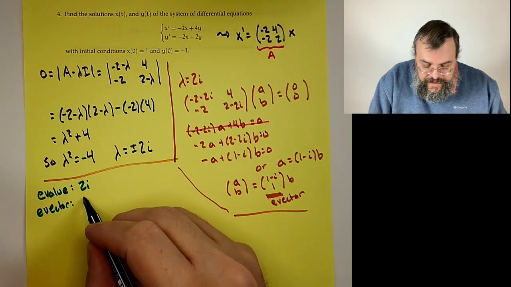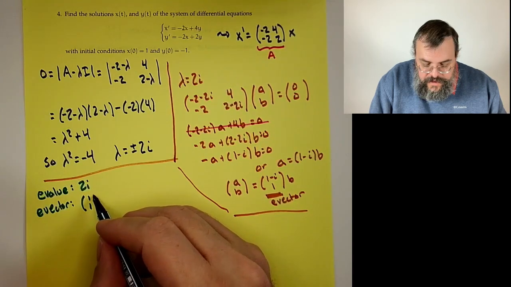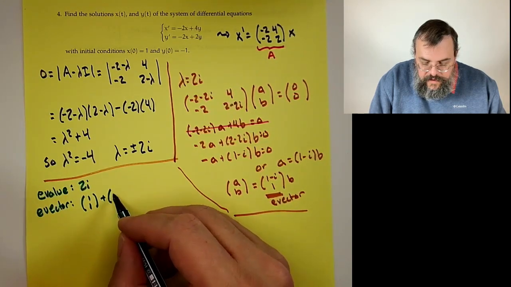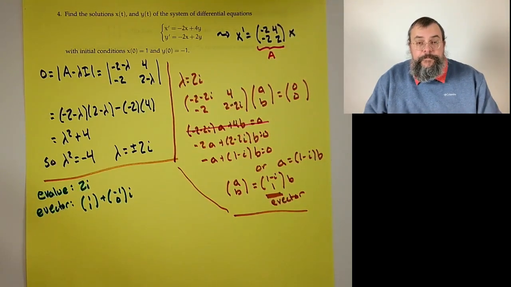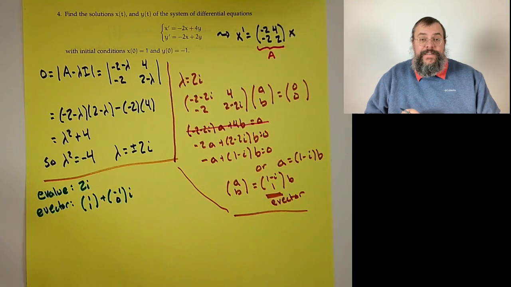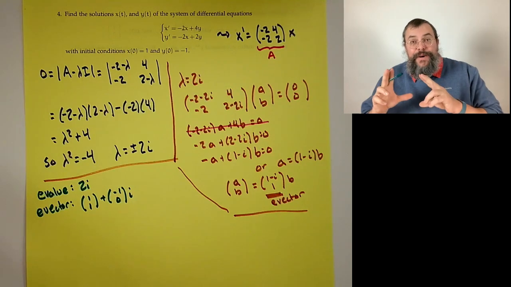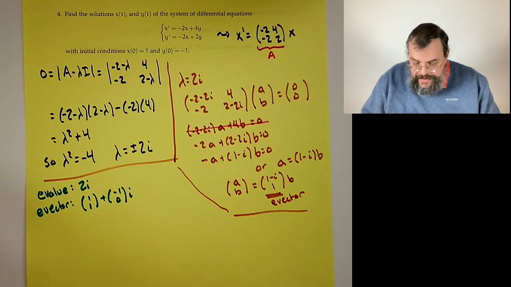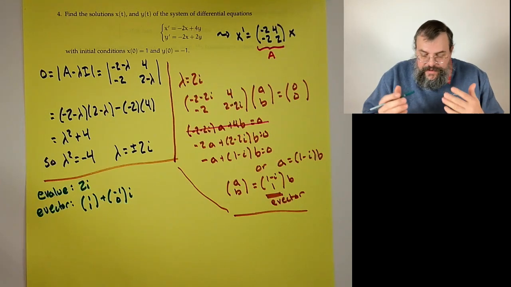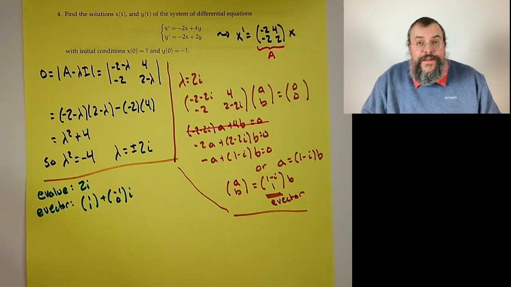So we'll think of it as 1, 1 plus minus 1, 0 times i. Okay? So in other words, it's like the real part and the imaginary part. And yeah, that's what it is. It's the real part and it's the imaginary part.